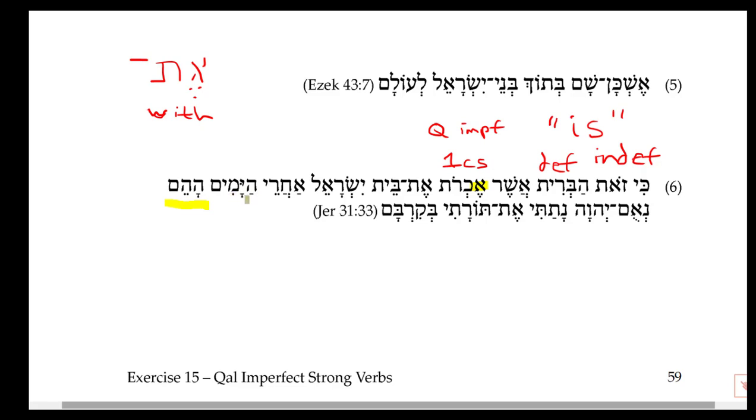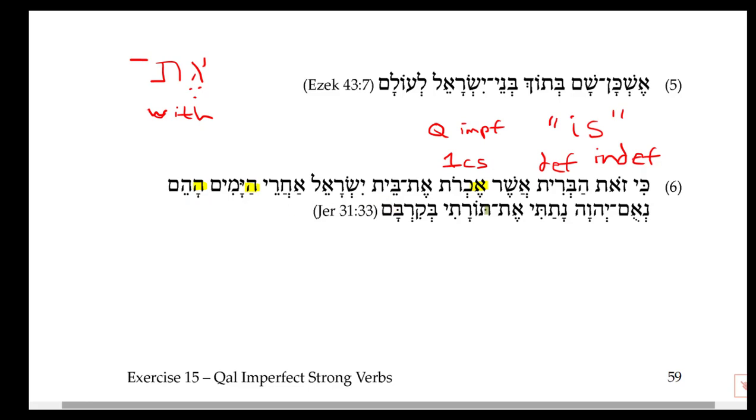So previously we had the demonstrative coming before, and it was indefinite with a definite, and so that showed us that we were looking at a predicate. Over here we have a definite article. The demonstrative comes afterwards, and it's also got a definite article. So this is going to be those days. So hahem is like a far demonstrative, meaning those rather than these. So we have hayamim hahem, those days.